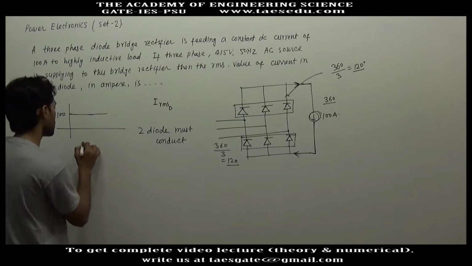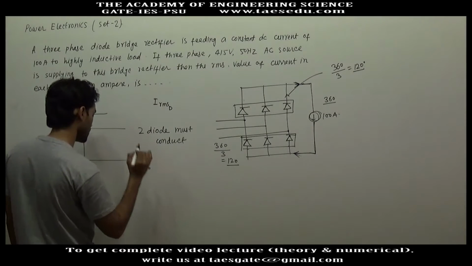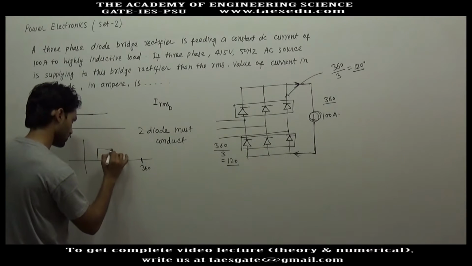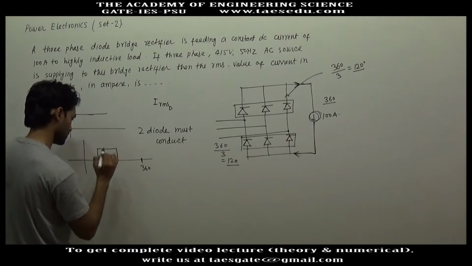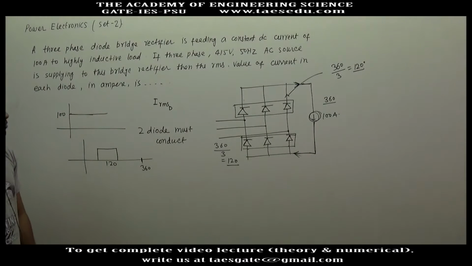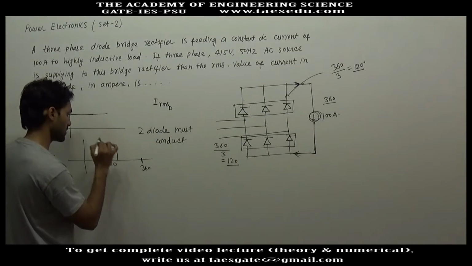So out of 360 degrees, let's say this is a span of 360 degrees, any diode will be conducting for a span of 120 degrees only. And the magnitude of current through a diode will be equal to the load current, that is 100 ampere.